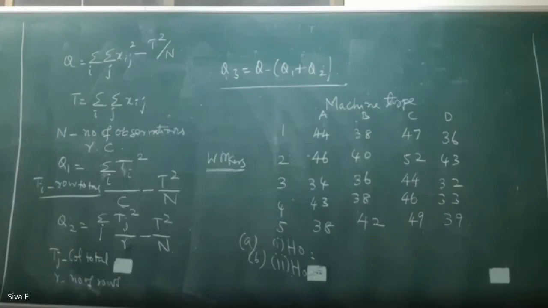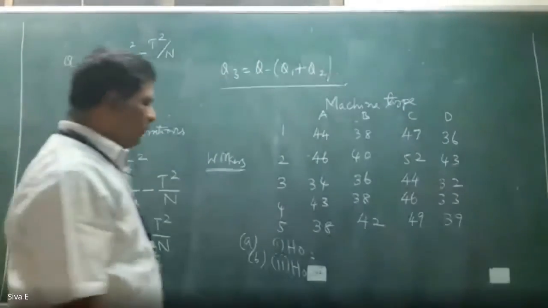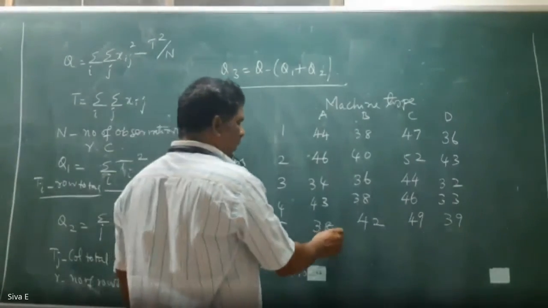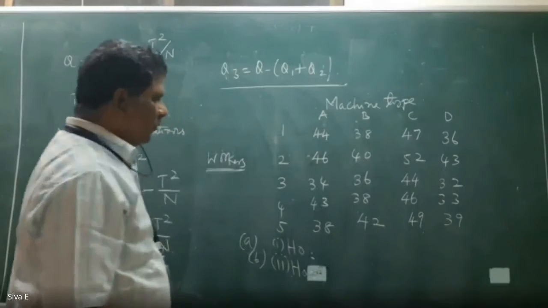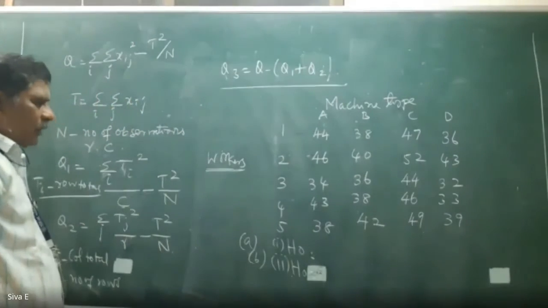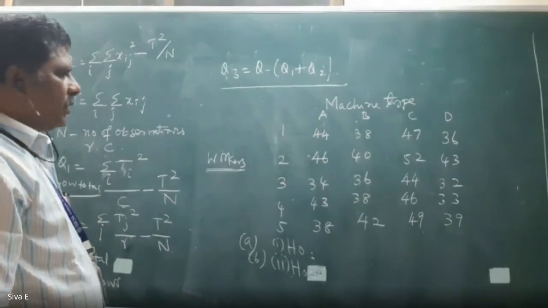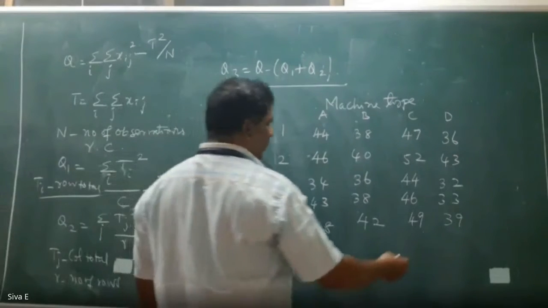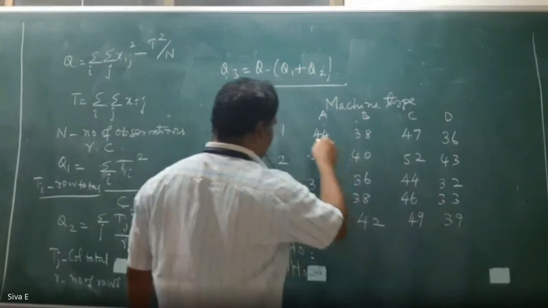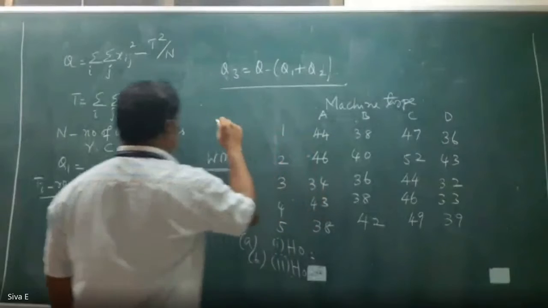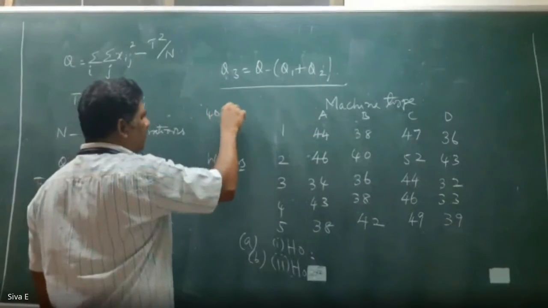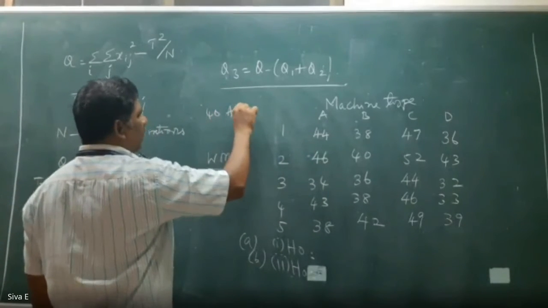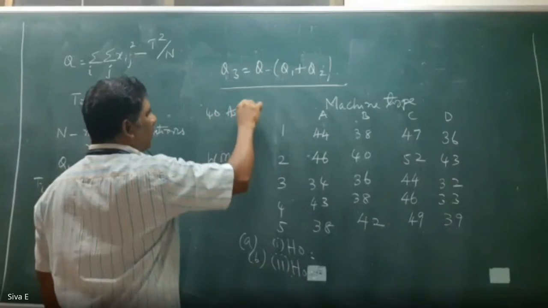Okay, fine. So we need to use the shortcut method here because all the values are very large. We have to identify the center value. In general, it is between 30 and 40, so for our convenience I take 40 as the arbitrary value.